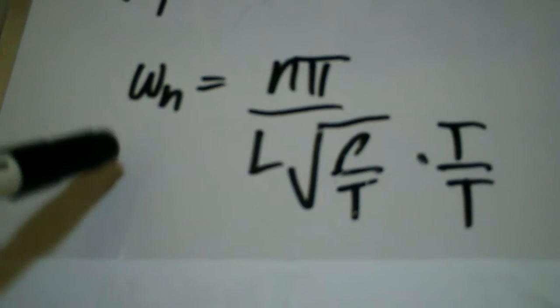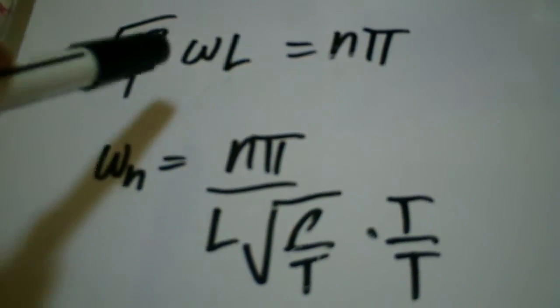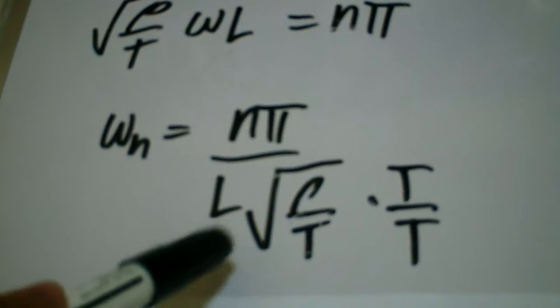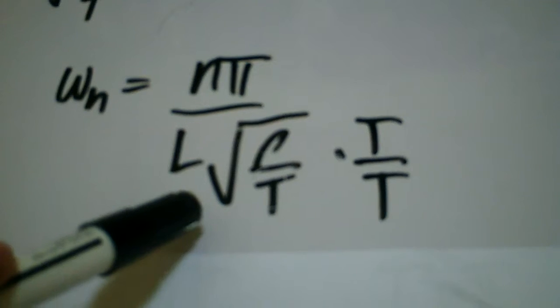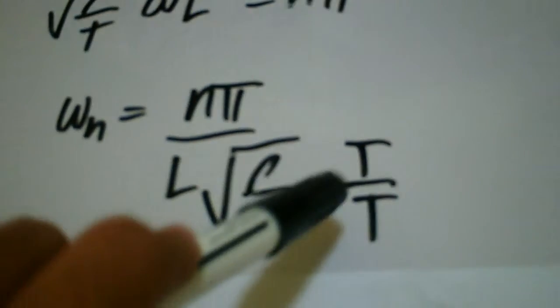So omega n equals n pi over L, and we only simplify it to get the omega. So this is the result: n pi over L square root of T over rho.